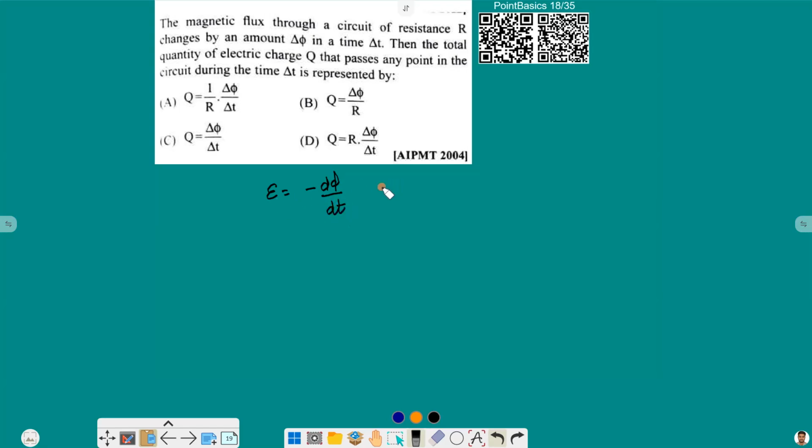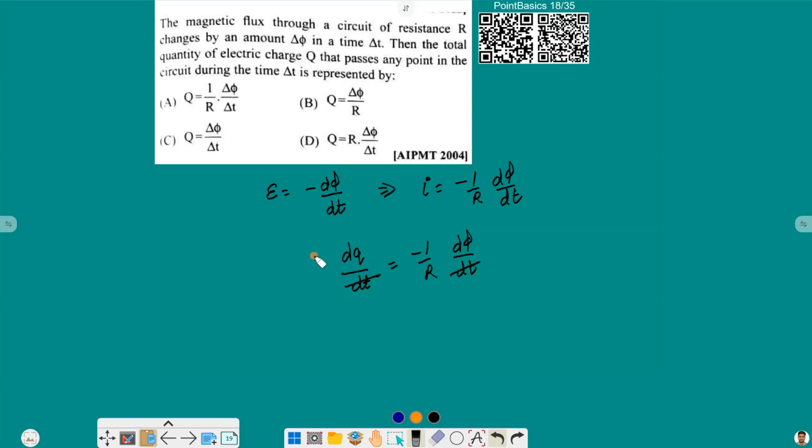Now we can write the current from this. Induced current will be induced EMF by R, so it will be minus 1 by R into d phi by dt. And we know that current is the rate of change of charge, so dq by dt is equal to minus 1 by R d phi by dt.